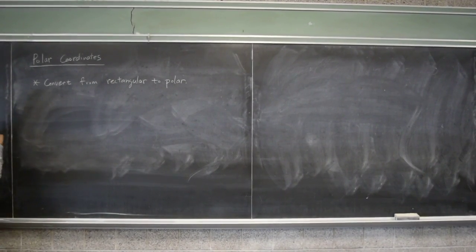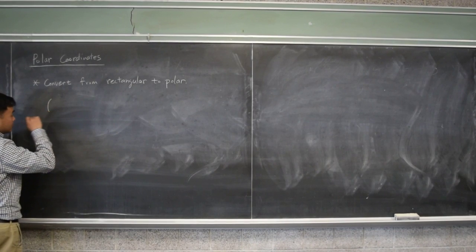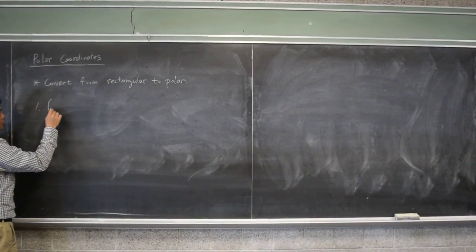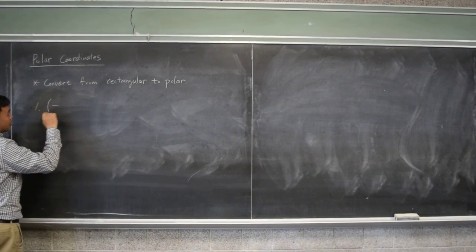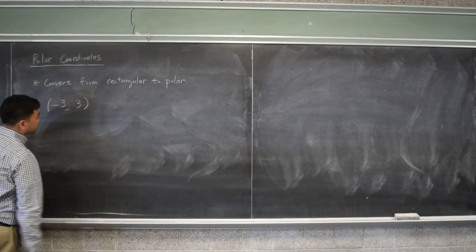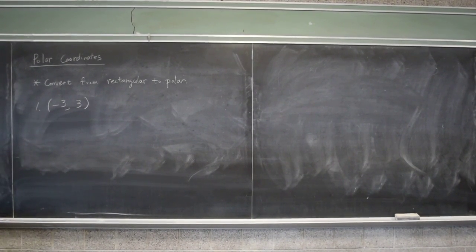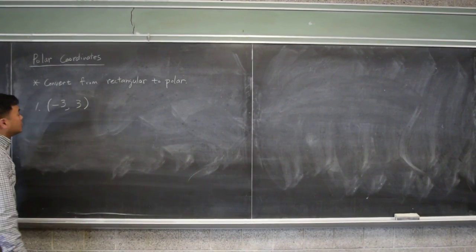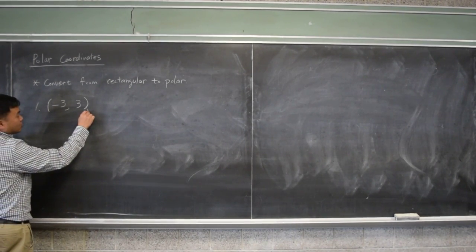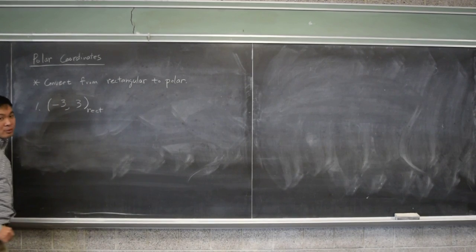The first question is, how about -3, 3? All right. So this is rectangular. I need to change it to polar.